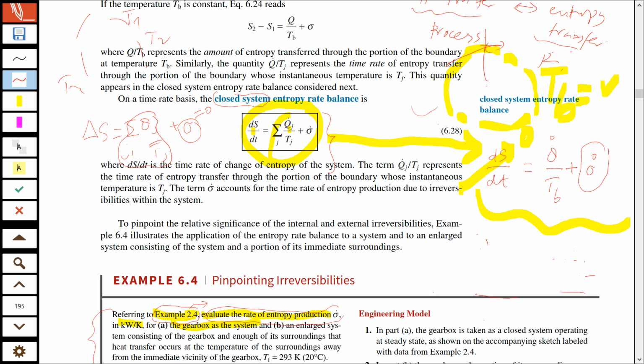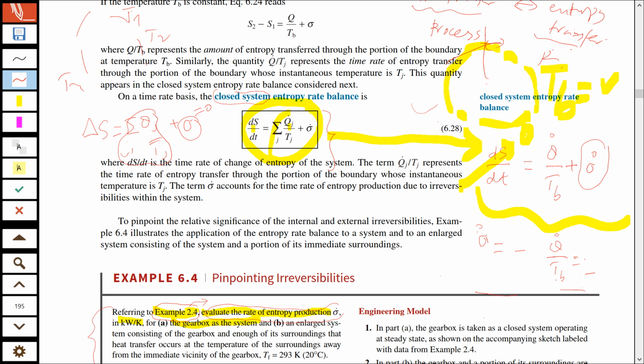So which means that sigma dot now equals, this side is zero, so it must be minus q dot over TB. You know q dot and you know TB, just plug those two values.